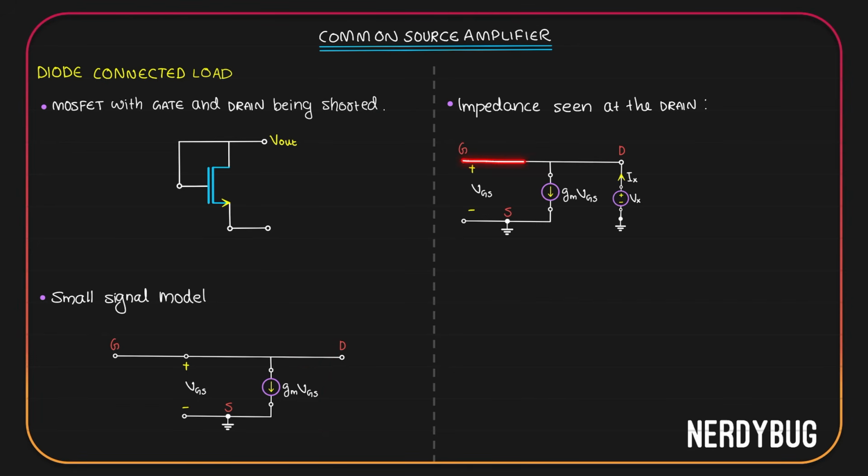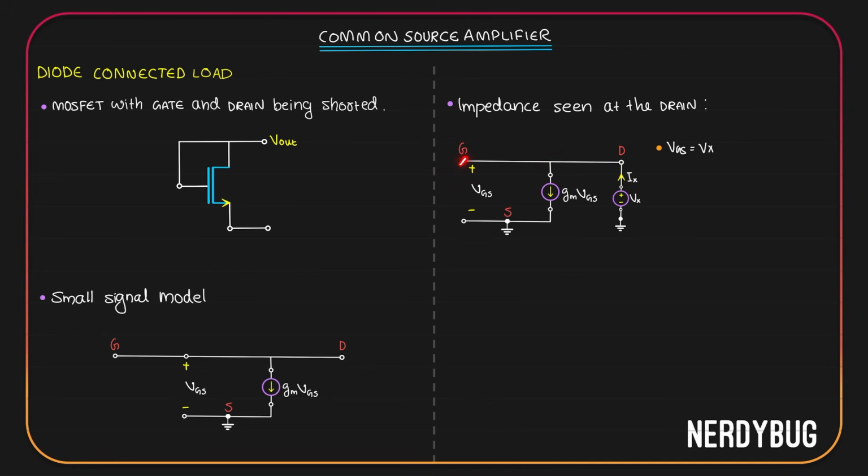Here, gate is directly connected to the drain. Through the ground, source goes over here, which means potential between the gate and the source is actually just Vx. We can write Vgs is equal to Vx. Now, Ix flows like this and then it has to flow like this.